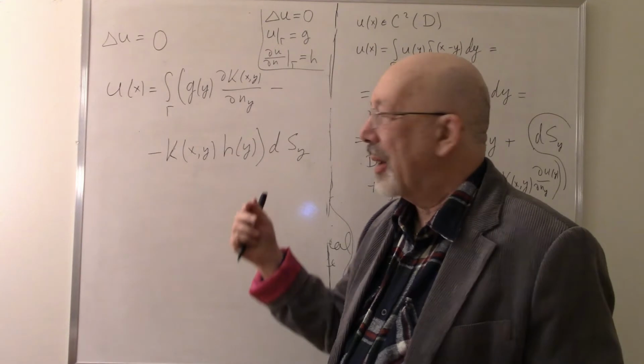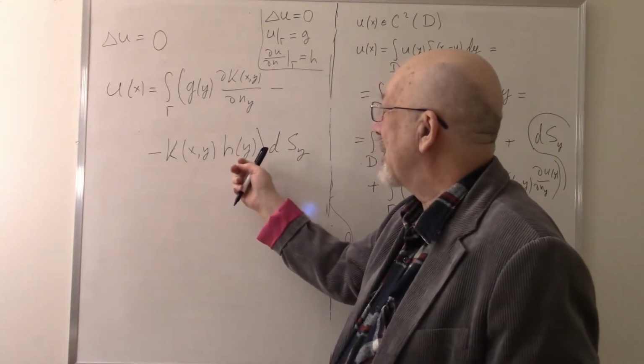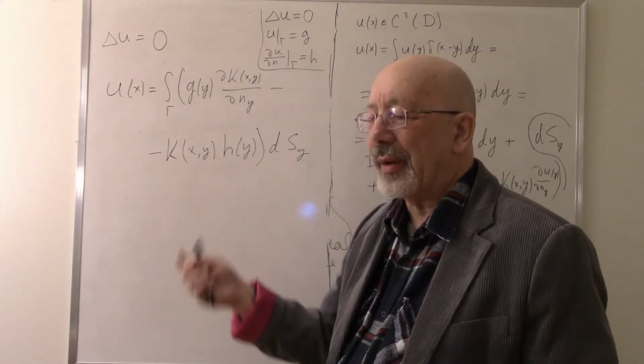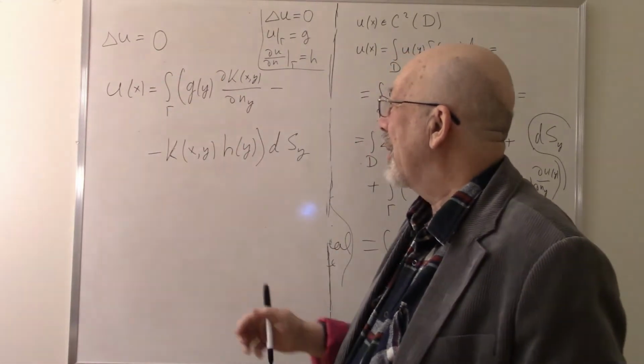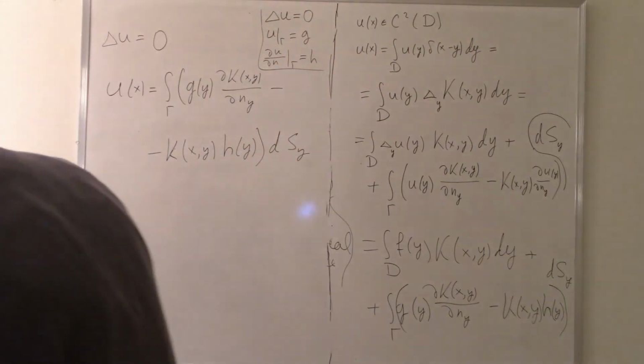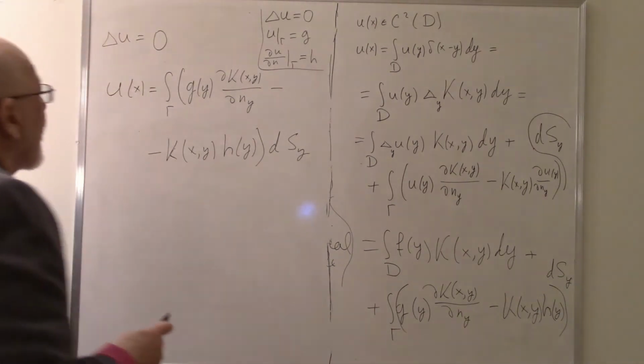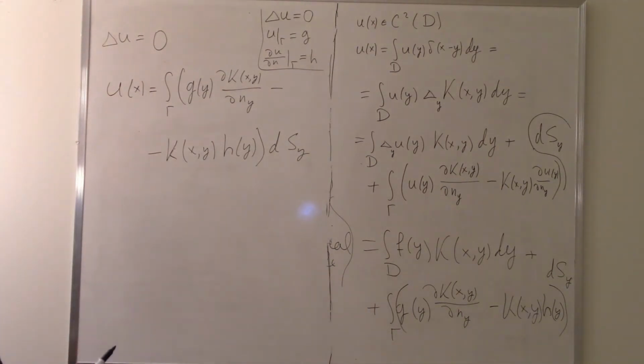We cannot say that h is an arbitrary function, as h is uniquely defined by g in this setup. But we have one immediate corollary, an immediate consequence of this formula.